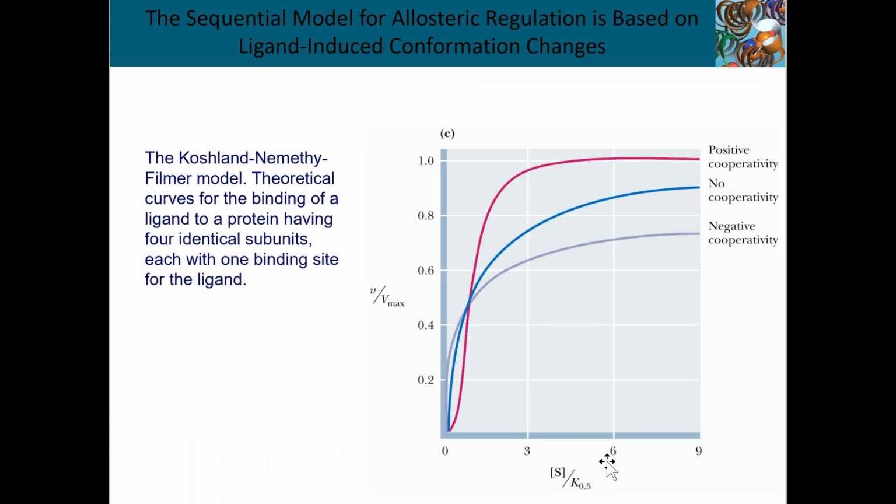And this is just a basic kinetic plot, a Woolf-Kirchner plot, of this phenomenon, where you have in blue a plot of no cooperativity. If you have negative cooperativity, where the binding of the substrate affects one monomer positively but downregulates the other, in purple, and then in red you see positive cooperativity.